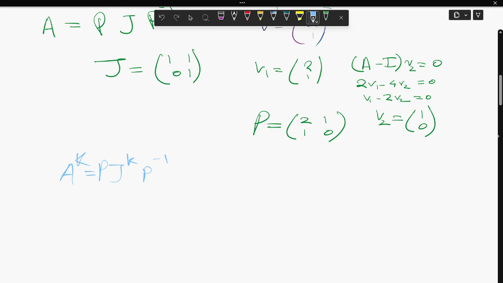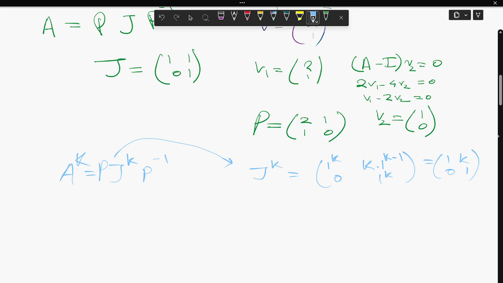Now J to the power K is equal to 1 to the power K, then K into 1 to the power K, and 0, and 1 to the power K. So we will get 1, K, 0, 1.